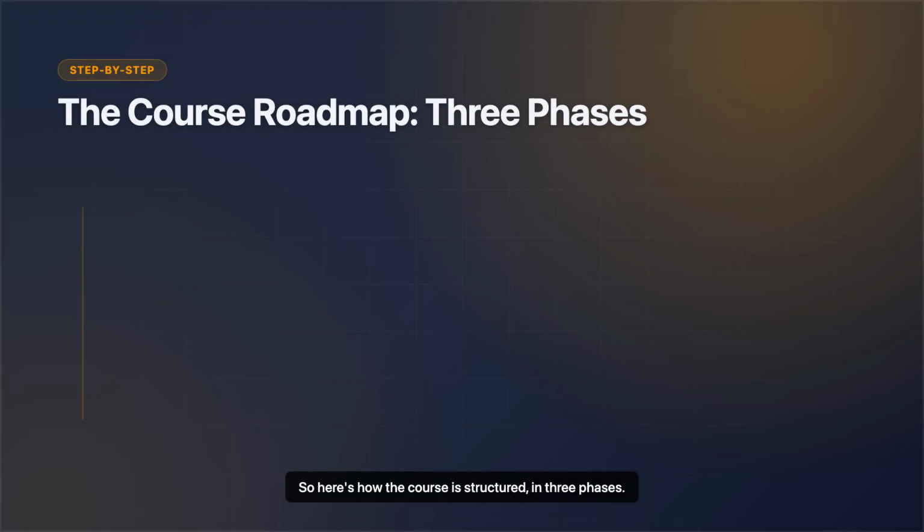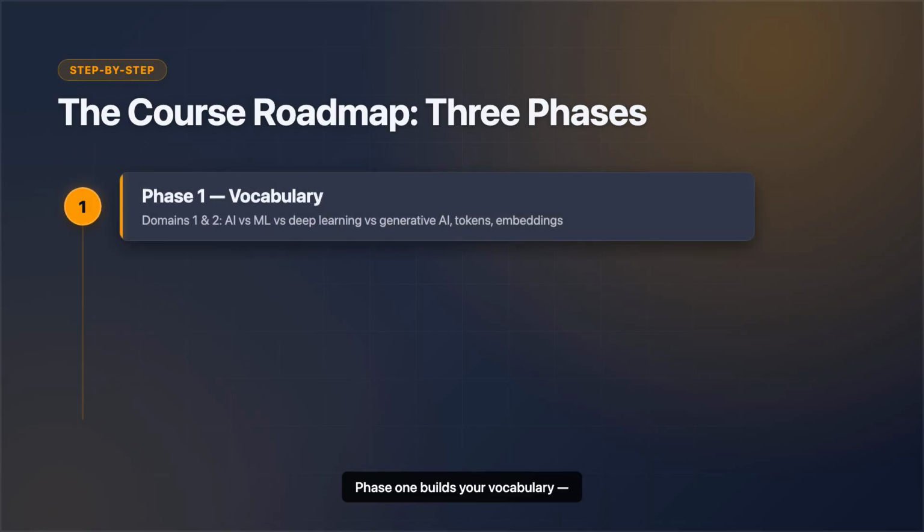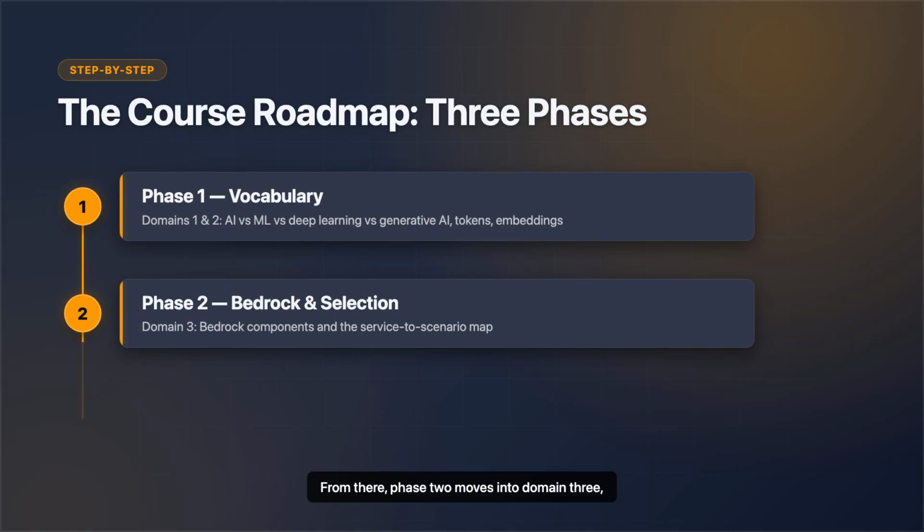So here's how the course is structured in 3 phases. Phase 1 builds your vocabulary, the domain 1 and 2 foundations, where we pin down the difference between artificial intelligence, machine learning, deep learning, and generative AI plus tokens and embeddings. From there, phase 2 moves into domain 3, where we master Bedrock's components and the service to scenario map that decides so many questions.